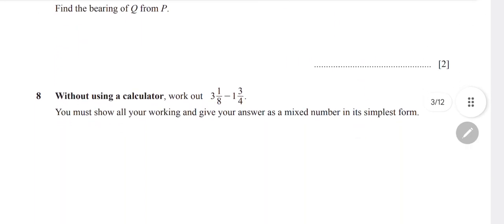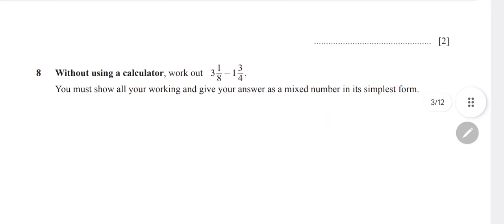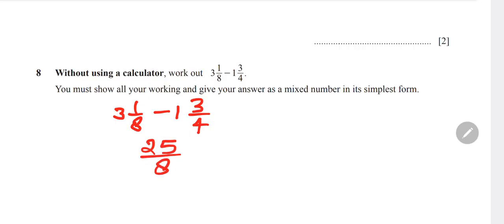Next question. Without using a calculator, solve the value. This is a fraction question, given in mixed fractions: 3 and 1 divided by 8 minus 1 and 3 divided by 4. So here, 8 times 3 is 24 plus 1, 25 divided by 8. 4 times 1 is 4, 4 plus 3 is 7, 7 divided by 4.